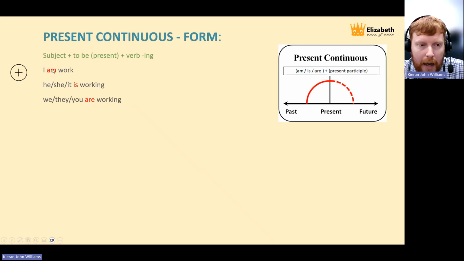So am or is or are, and then we use the verb in the ing form. Okay. So it is I am working, he, she, it is working, and we, they, you are working. Okay. So for each group of subjects, it actually changes here, and you will need to remember all three of those.